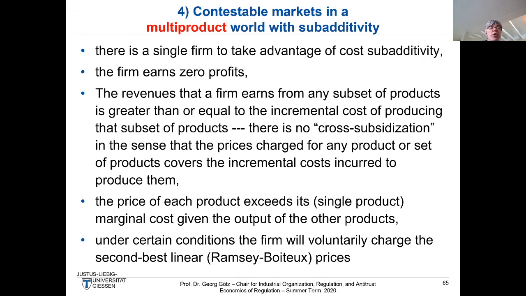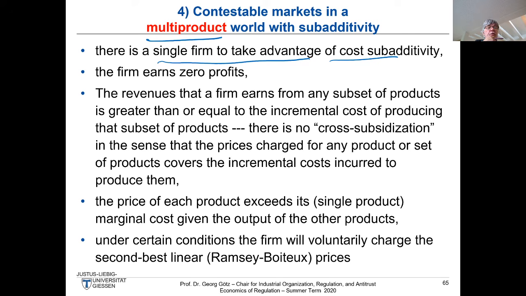Of course, from a more general point of view, it's interesting, as we introduced economies of scope previously, how contestable markets work in a multi-product world, and what the result will be. Now the point is rather straightforward here. If it's really a global cost subadditivity, a single firm will take all of the advantages of cost subadditivity.